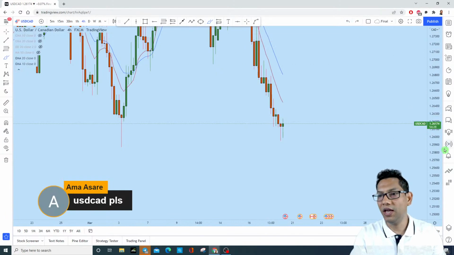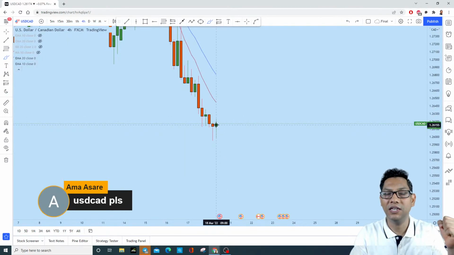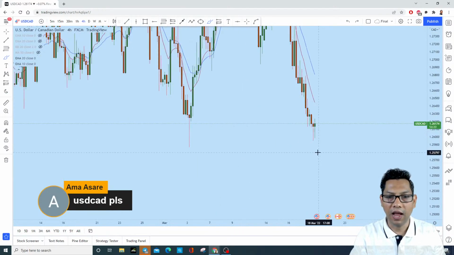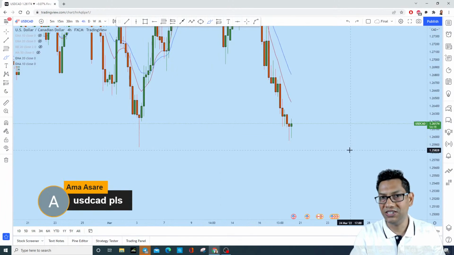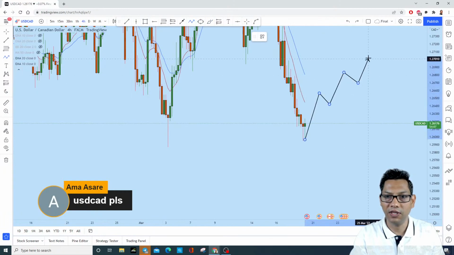Now we see that it has created a higher high. Still we have 54 minutes to go, but if this candle closes as a pin bar or as a doji, then I would go long with USD CAD. If not today, then definitely on Monday, because we could see a reversal from here, next week, something like that.